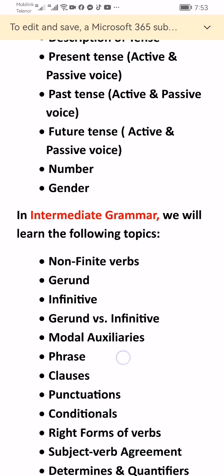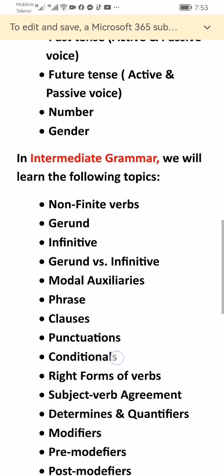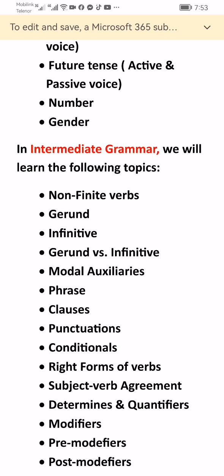When we end basic grammar, then we will start intermediate grammar. In intermediate grammar we will learn the following topics. Non-finite verbs: what are non-finite verbs, and how many kinds of non-finite verbs are there in English?